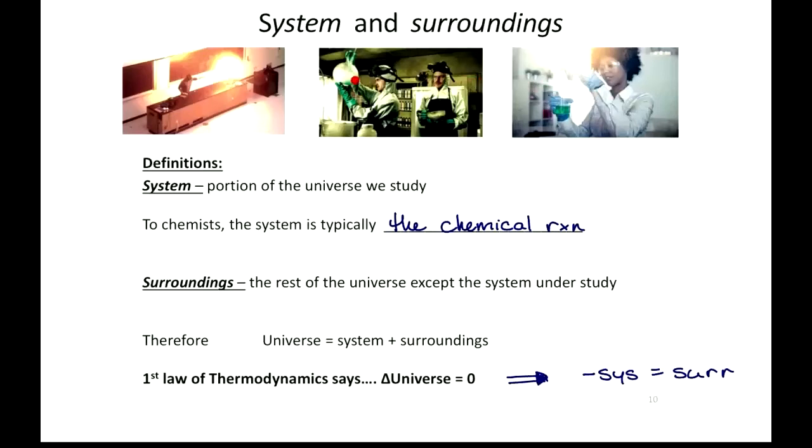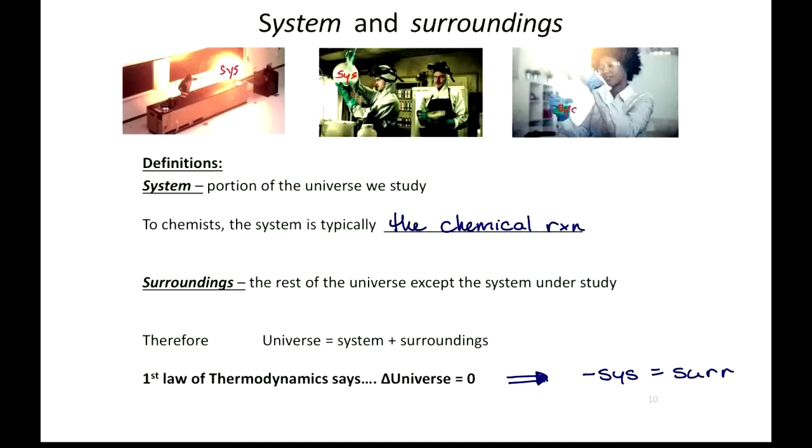In all these pictures, the people are what we focus on, but to chemists, that's not the important thing. The important thing is the chemical reaction taking place. So the boom that's happening there, that's the system. The thing in the Erlenmeyer flask, or the round bottom, the chemical reaction that's happening, that is the system. That's what we care about.